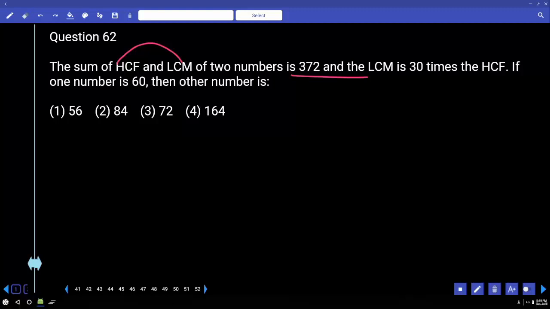This is 4 multiple as well as 3 multiple, isn't it? 3 multiple, 4 multiple. ఎక్కడ ఉన్నాయండి? ఇవి రెండు ఉన్నాయి కదా, 3 multiple, 4 multiple. సరే, ఓకే, రెండు ఉన్నాయి కాబట్టి LCM is 30 times HCF. Let HCF is x, LCM will be 30x.